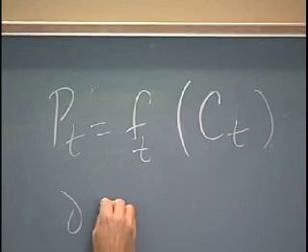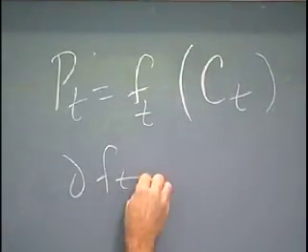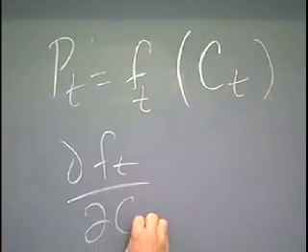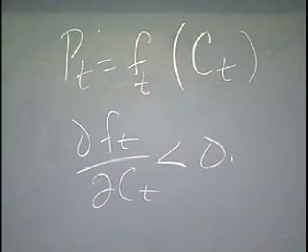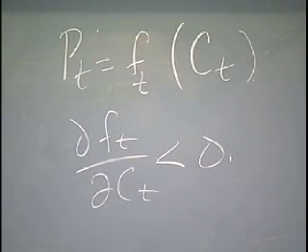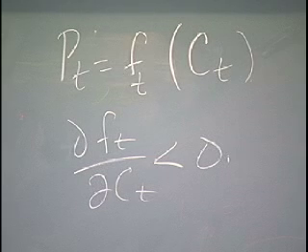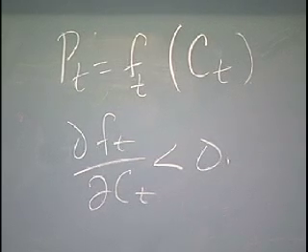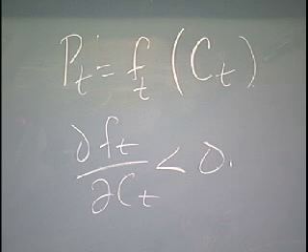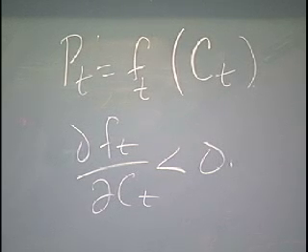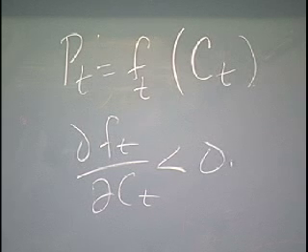So if we differentiate this expression with respect to consumption, we'll find that it's negative. That's just your typical demand curve, right? The law of demand says that if you lower the price, demand goes up. If you raise the price, demand falls. It's a downward sloping curve. So that's where we start.